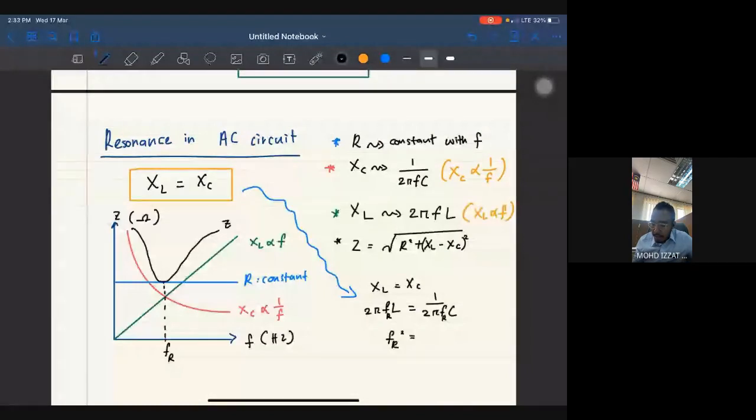It becomes (2 pi) squared, because you get 2 pi twice, and then L and C. If I take the square root, it becomes 1 over 2 pi square root of LC. Do we have it?